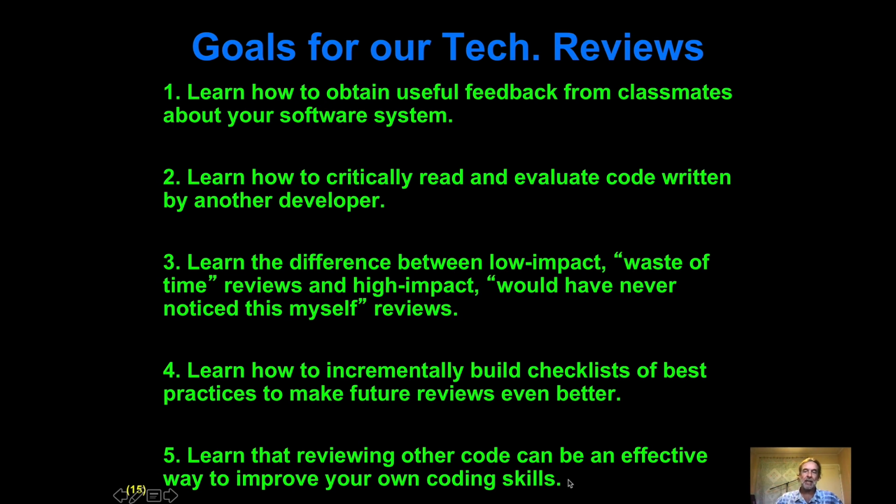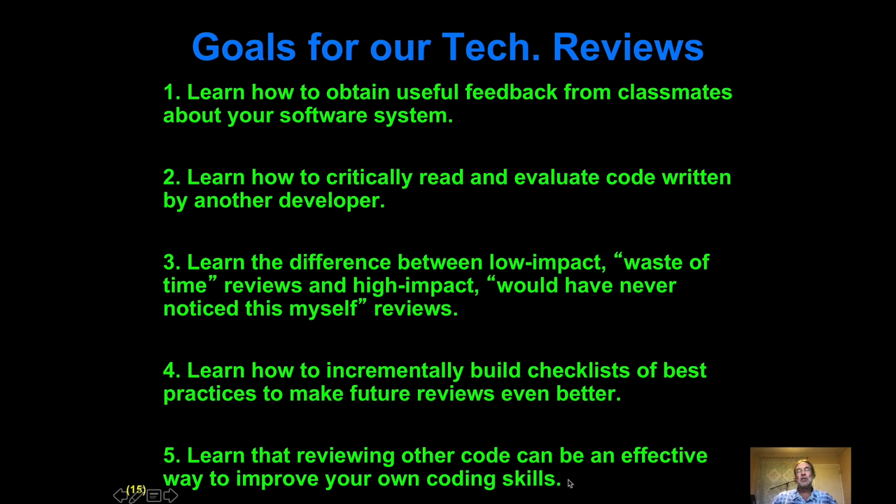Nothing interesting happened. Another goal for the reviews is to build checklists. Like inspection, we're going to have checklists, and one of the principal goals of the technical reviews practiced in our class is to be able to incrementally build checklists that are better and better and better over time at defining the kinds of things that constitute well-written code along various dimensions.